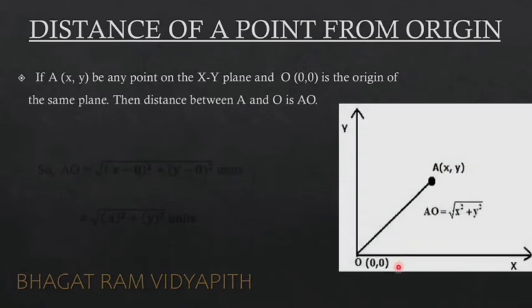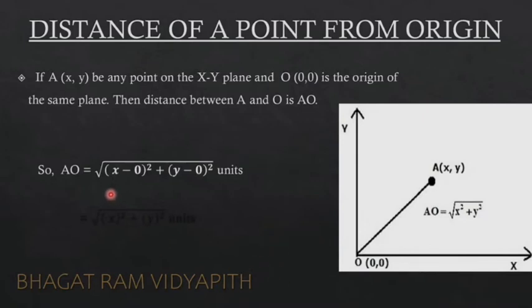So, on the x and y plane, if one of the points O is simply the origin and the other point is A, which is (x, y), the distance is AO, and AO is equal to simply root over x squared plus y squared. How did we get this? From the distance formula.